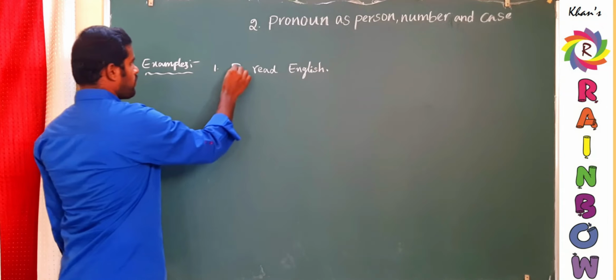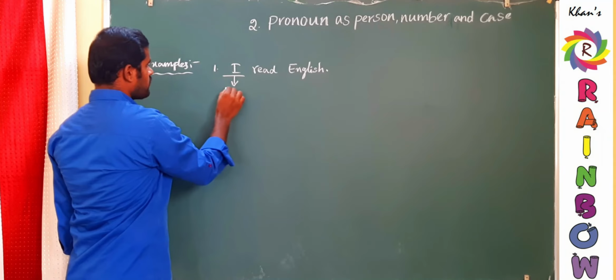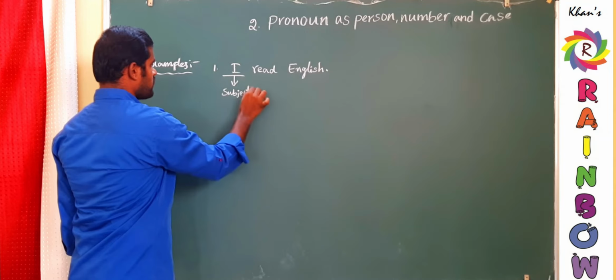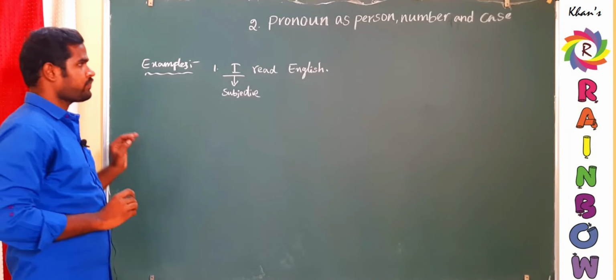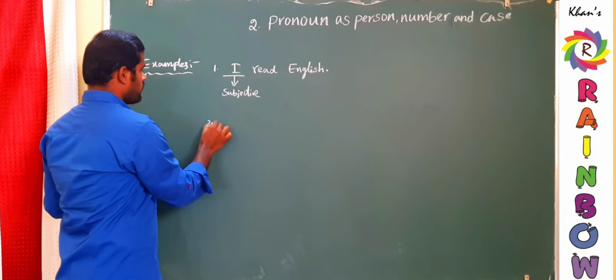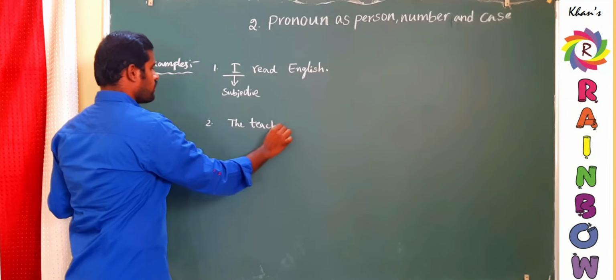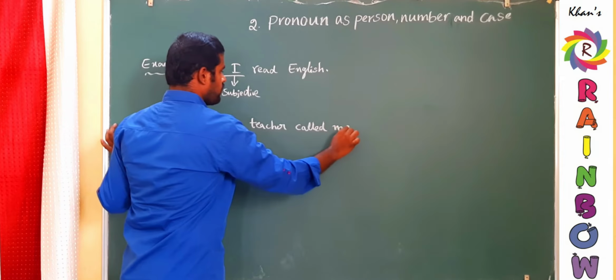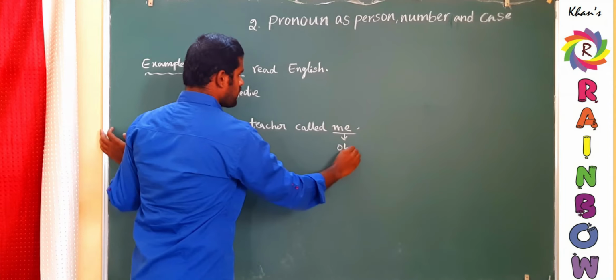If you observe the pronoun I here, it is subjective pronoun, as we have discussed just now in the previous table. I is subjective case. I will write one more example. The teacher called me, and here me is objective case.